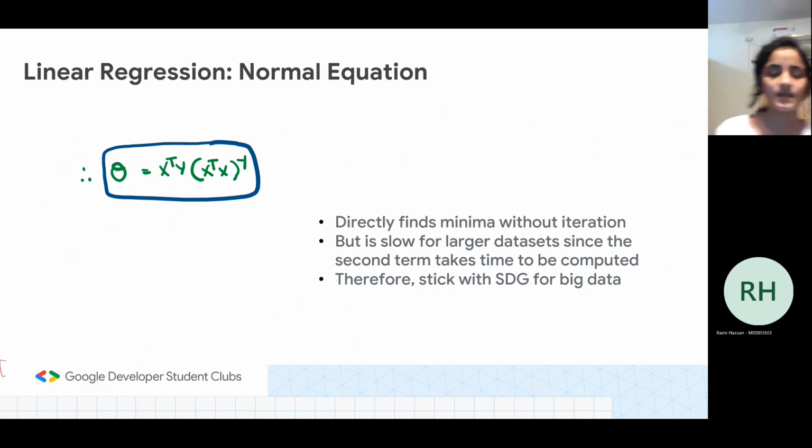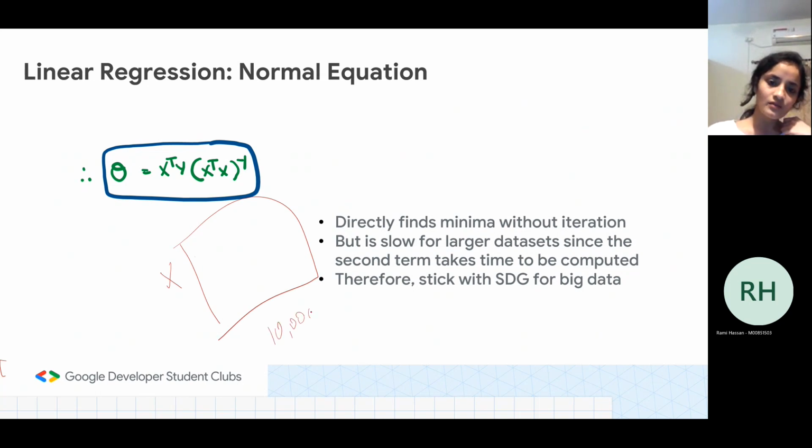What's the issue with this? As I said in the previous slide, for larger data it looks really simple, but if you think about it, X is the entire data set. If you have 10,000 rows and suppose 10 columns, it's going to be 10,000 by 10. This is a really big matrix, right?